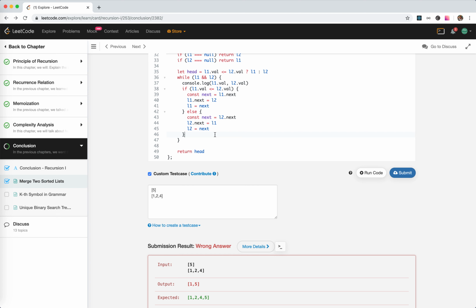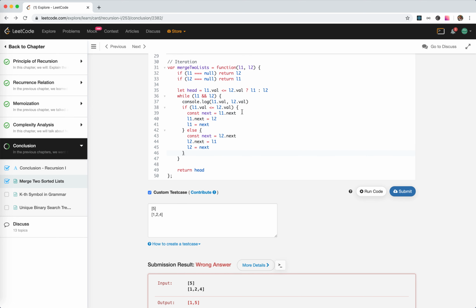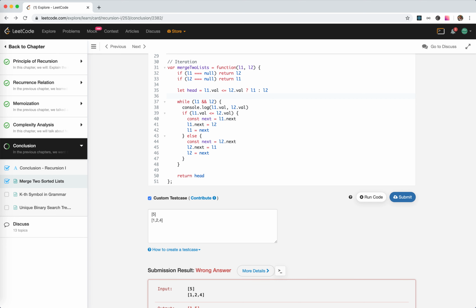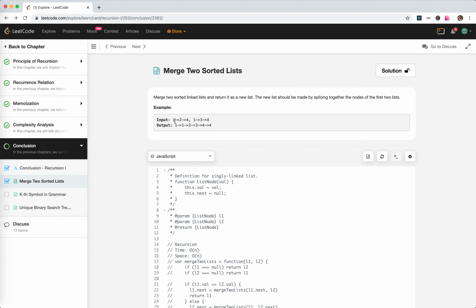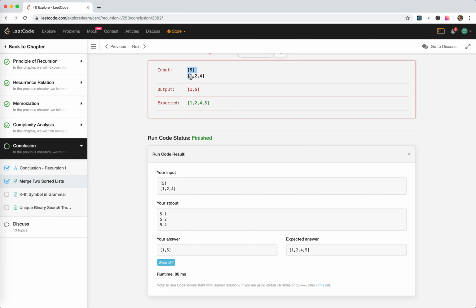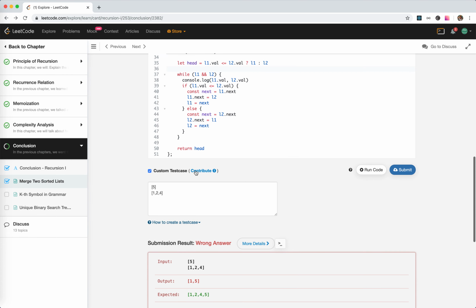Oh no. We should actually use another pointer. It's like three pointers, because when we are swapping like 1, 5, we're not pointing 1 next to 5, but rather a previous node points to 1.